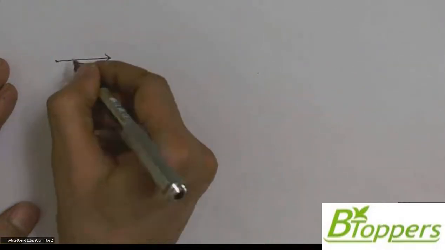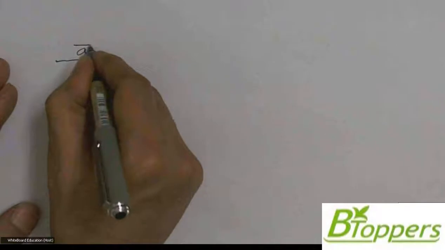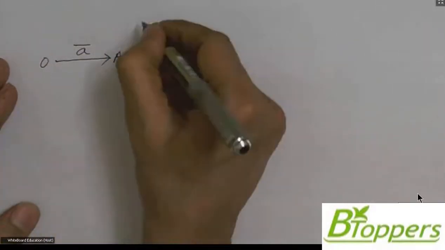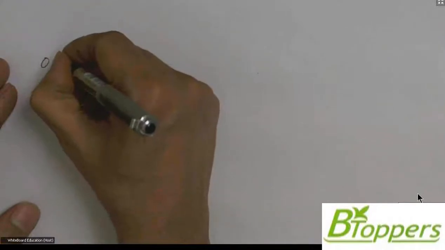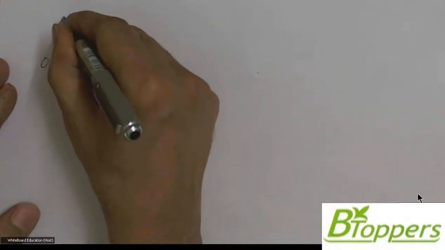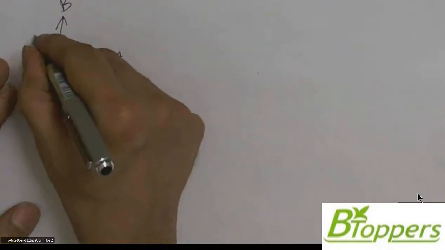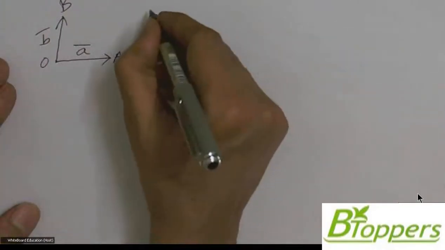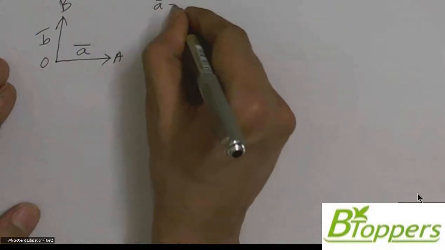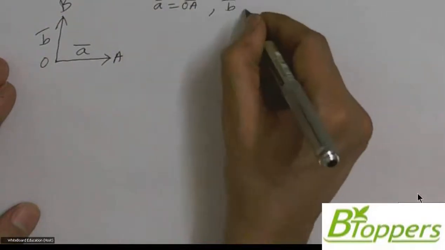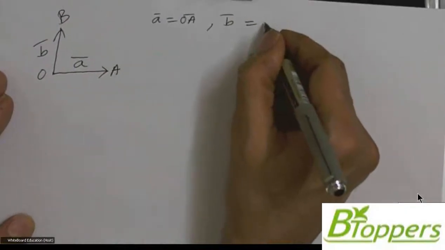Let us suppose the vector A bar is represented by the directed line segment OA bar. And vector B bar is represented by the directed line segment OB bar.